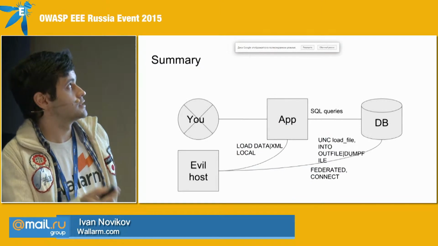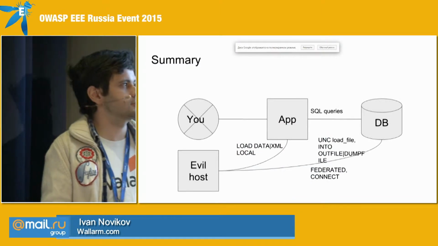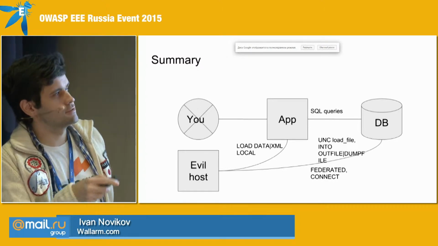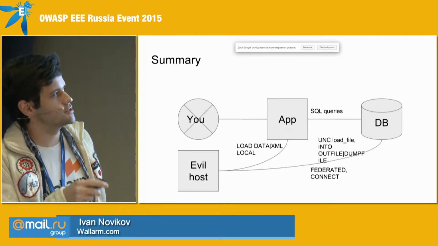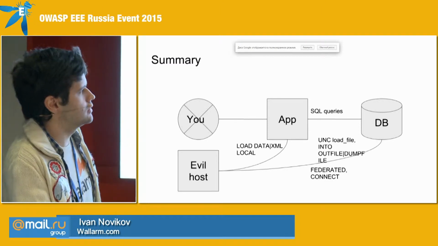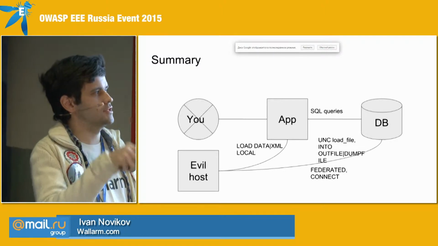So in conclusion, I want to summarize all the information about out-of-band exploitation in MySQL. In the scheme, you can see a typical abstract architecture of any web application. When you use load data local or XML local, you can retrieve different files or make DNS requests from the application server.